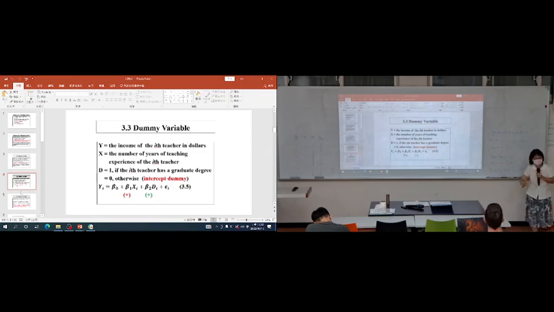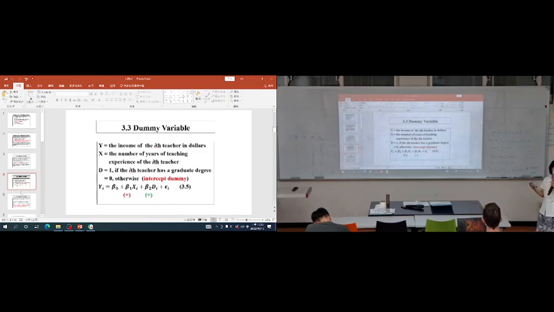With more experience, the salary is higher, so the line should slope upward. And since D1 equal to 1 means the teacher has a graduate degree, a higher academic degree, the more money they earn.